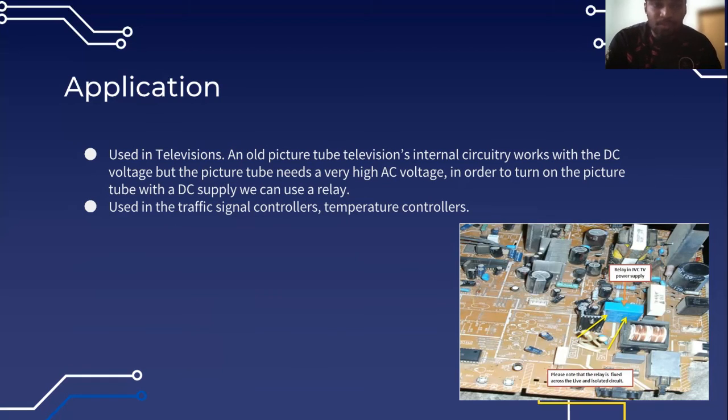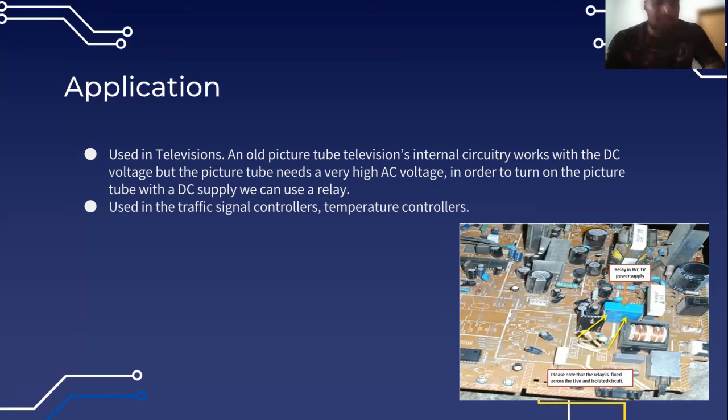With the DC supply, we can use a relay. How the relay functions here is to switch the AC supply to DC supply. So that's an example of relays being used in television circuit boards.